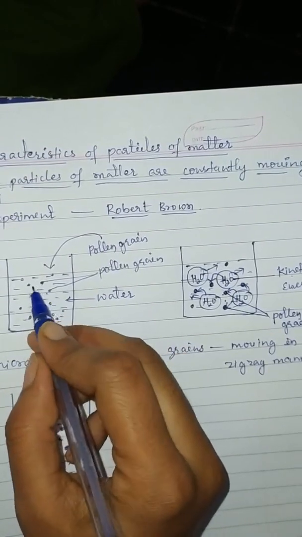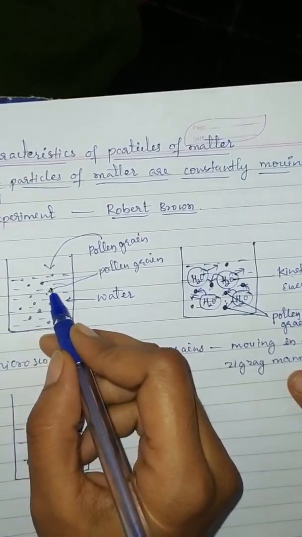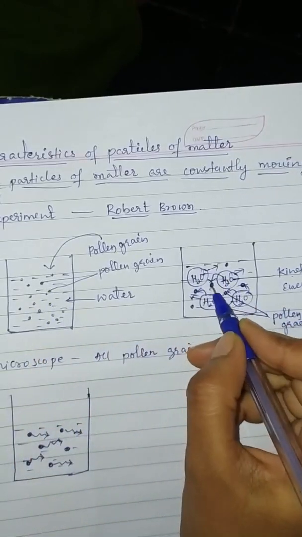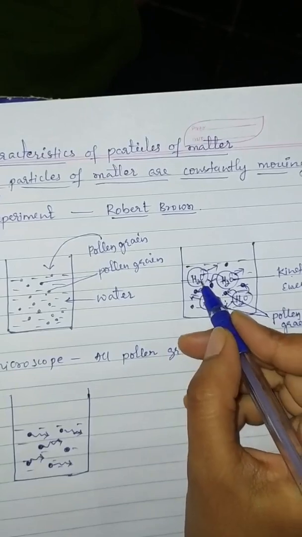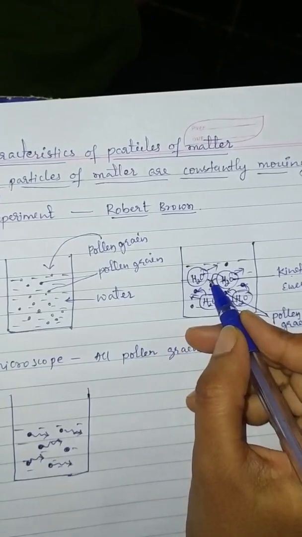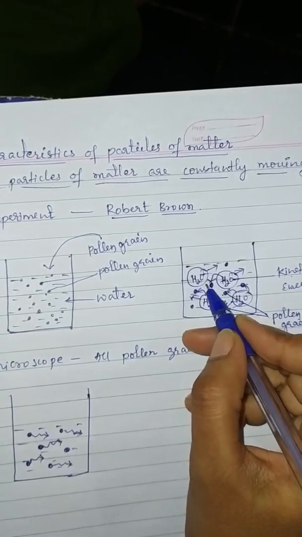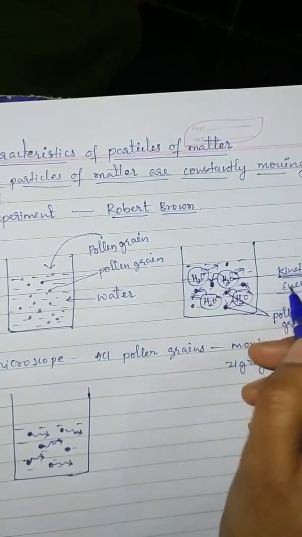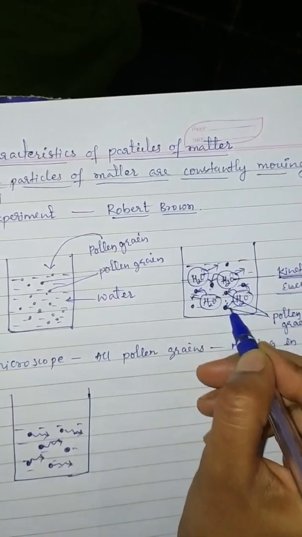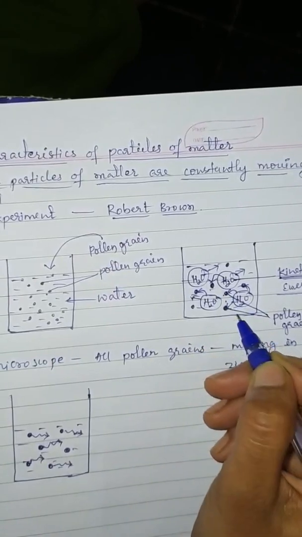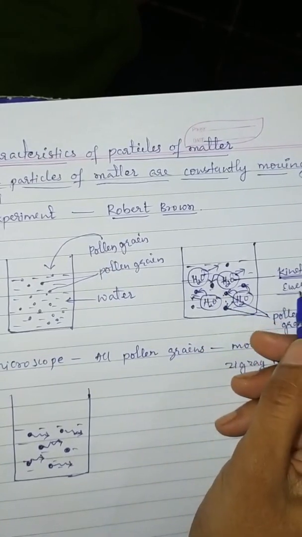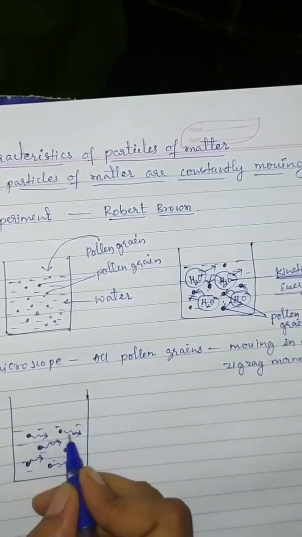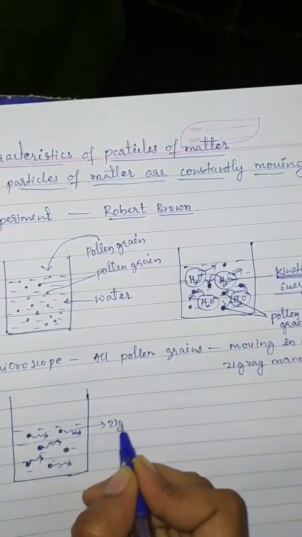Okay, due to the motion of the water molecules, pollen grains are also moving, because water molecules are moving constantly in all directions, and they have kinetic energy, and this kinetic energy is transferred to the pollen grains. As a result, when pollen grains gain the kinetic energy, okay, they will start moving in zigzag manner.